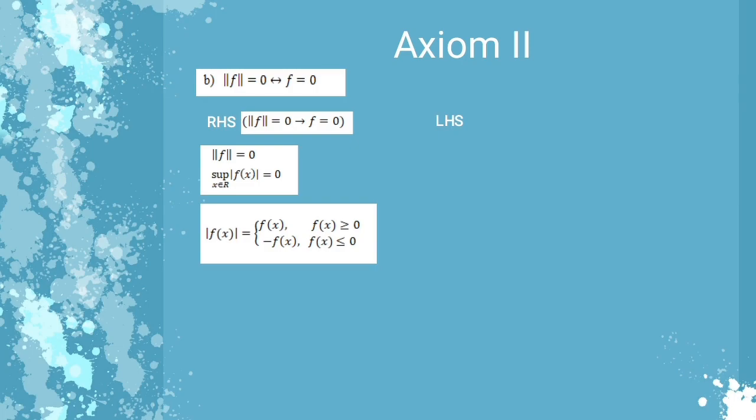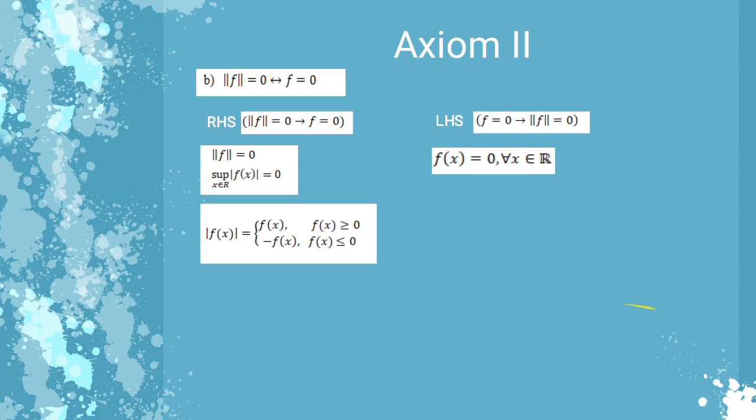And the next is the left-hand side. If f is equal to 0, then norm f is equal to 0. Since f(x) is equal to 0 for each x element of R, then 0 is an upper bound of |f|.